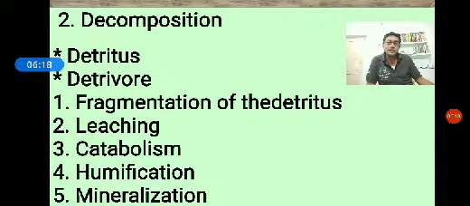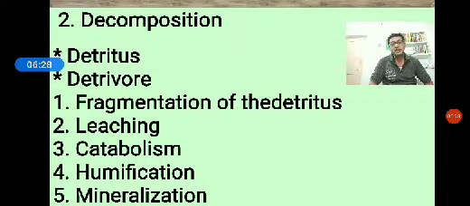Coming to the decomposition process, how does decomposition take place? How do the parts of dead and decaying organic matter become decomposed?